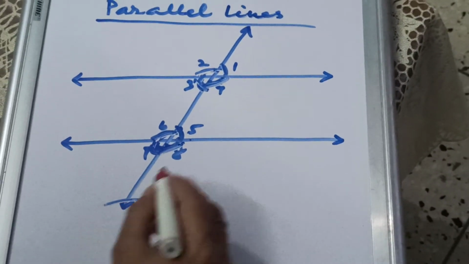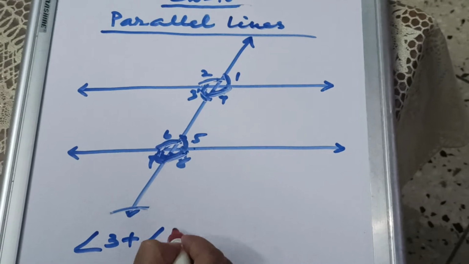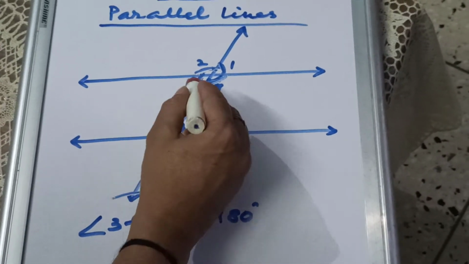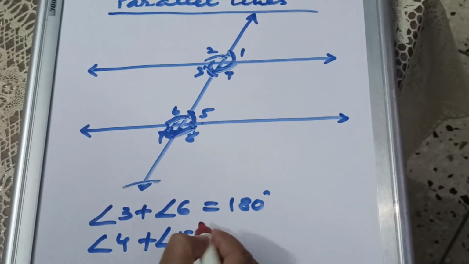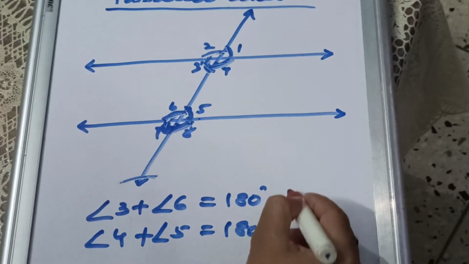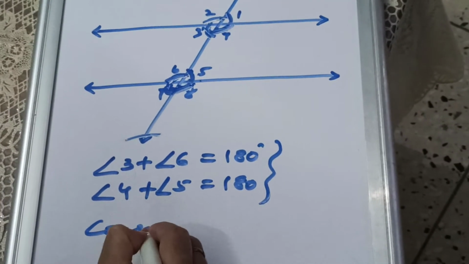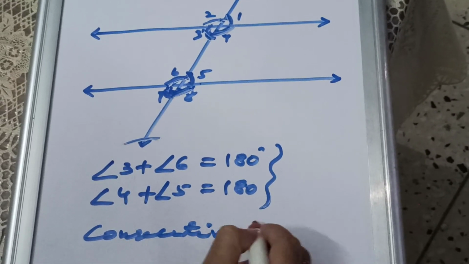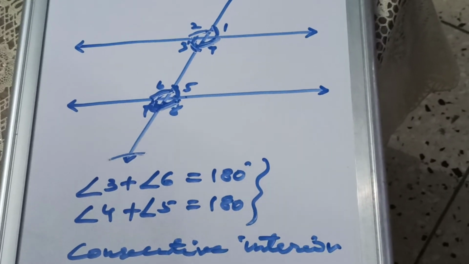And last, angle 3 and angle 6. Angle 3 plus 6 is equal to 180. And angle 4 plus angle 5 is equal to 180 degree. This is known as consecutive interior angles.